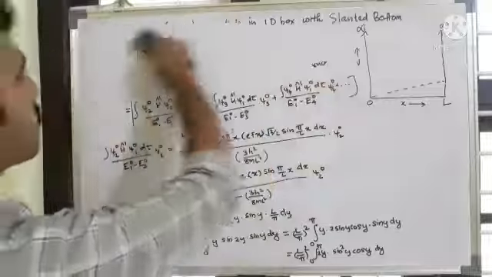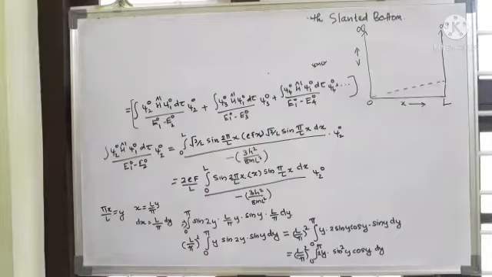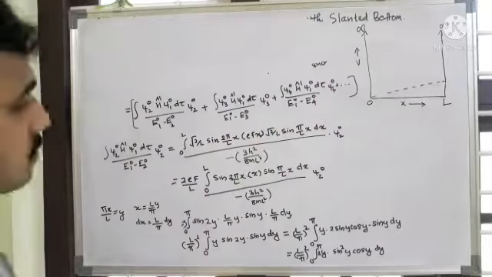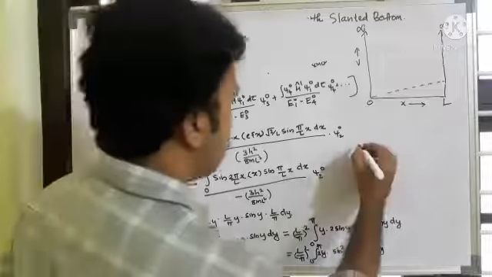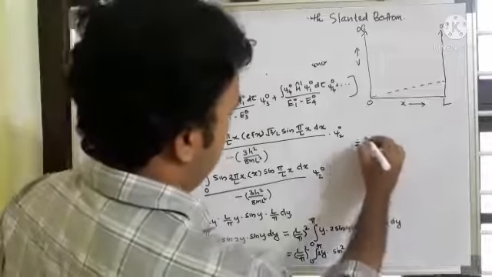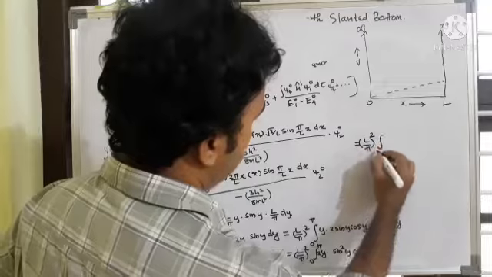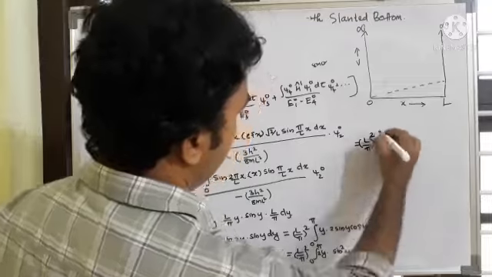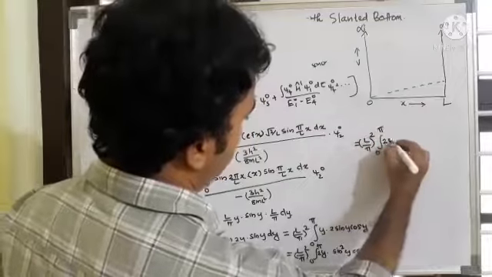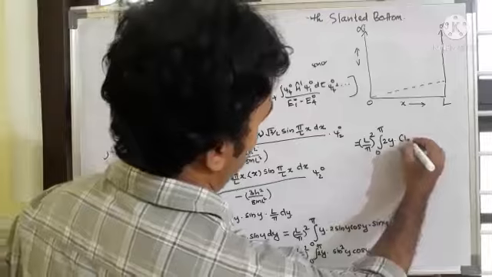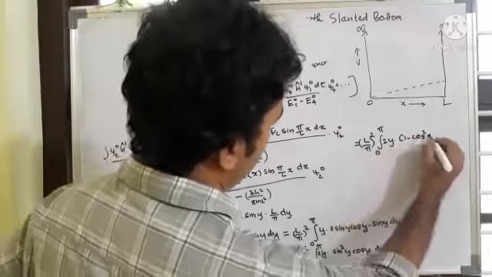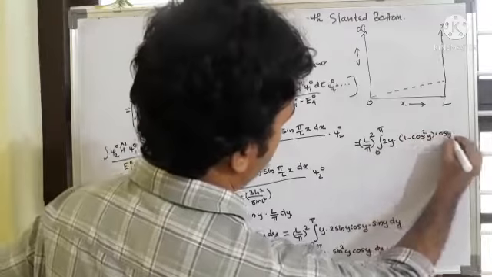Then that will become L by pi all square into integral 0 to pi 2y into 1 minus cos square y into cos y dy.